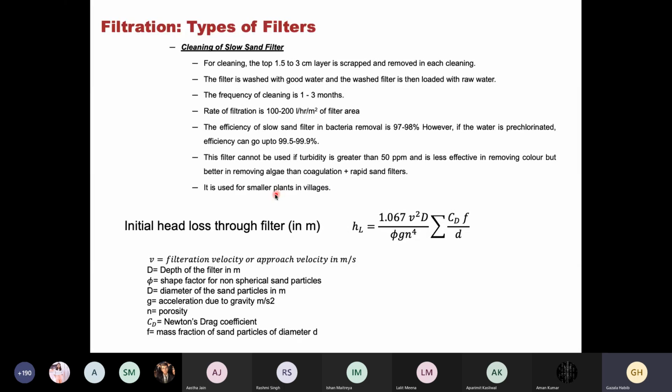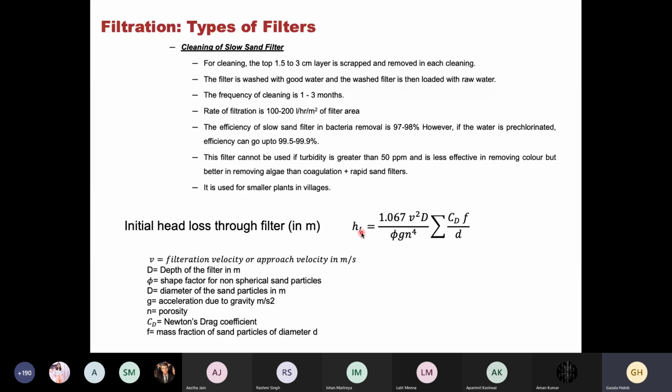In order to know what should be the thickness of the filter media, one parameter we should know is initial head loss. It means the difference between the pressure applied on the sand bed and the pressure through which the water is going out. The difference between these two pressures is known as the head loss.